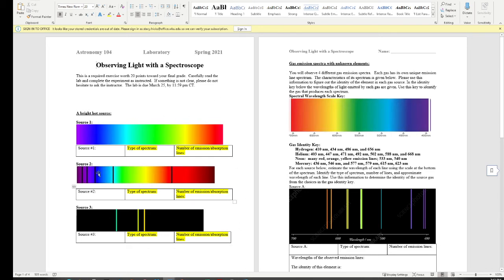The first part, you are just looking at these 3 different types of spectra and identifying what type of spectrum that each one is, right? So remember, we have absorption, emission, and continuous, right?